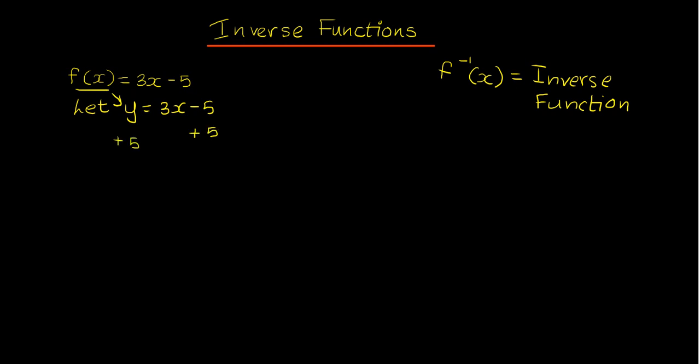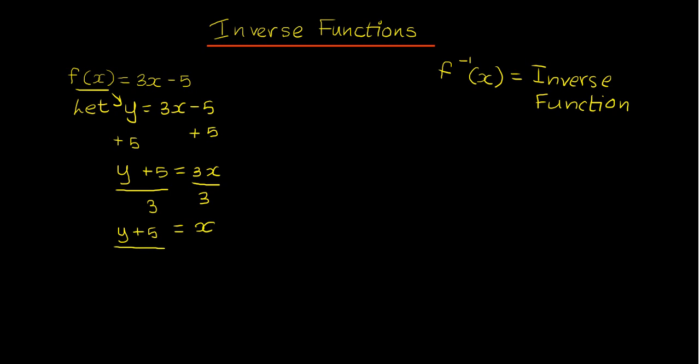So I end up with y plus 5 equals 3x. And in order for me to get x on its own, I divide both sides by 3. So then x is the subject of this equation.